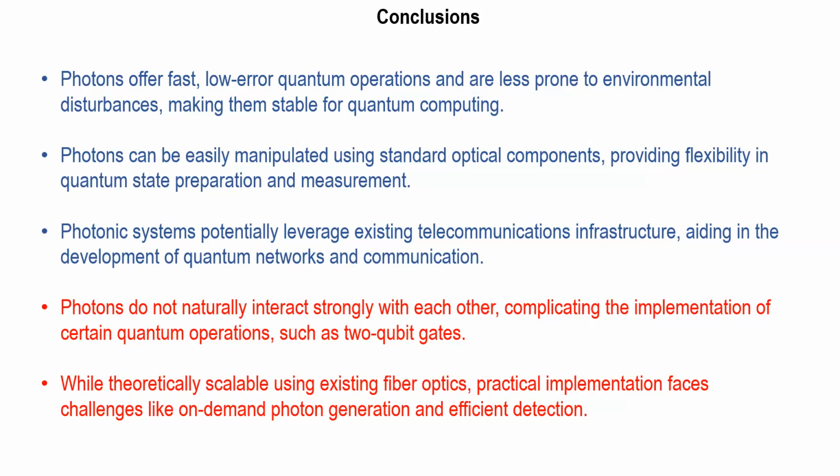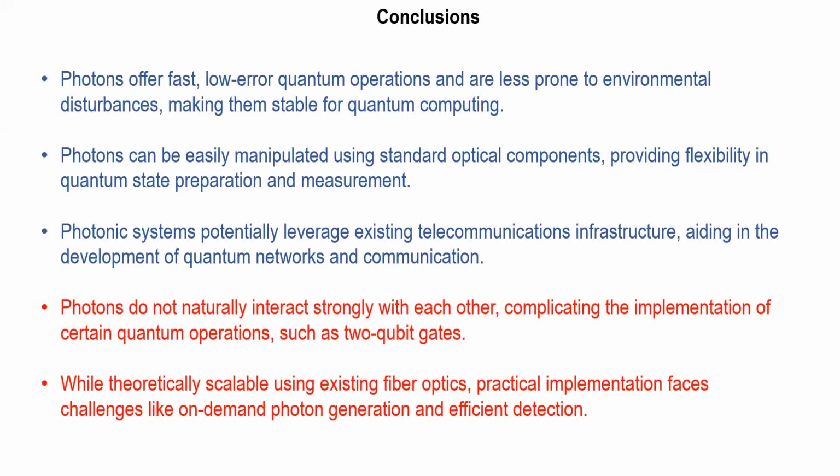This is a very promising way to achieve 2-qubit operations, 2-qubit gates, without the use of these non-scalable nonlinear crystals. All right, so this is basically it for today's lecture. Let me stop the recording and then we can discuss.